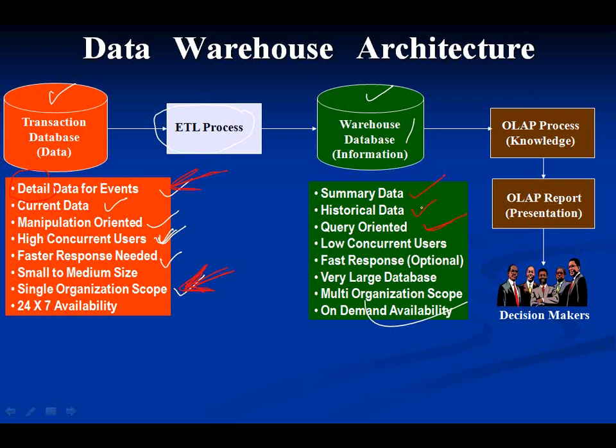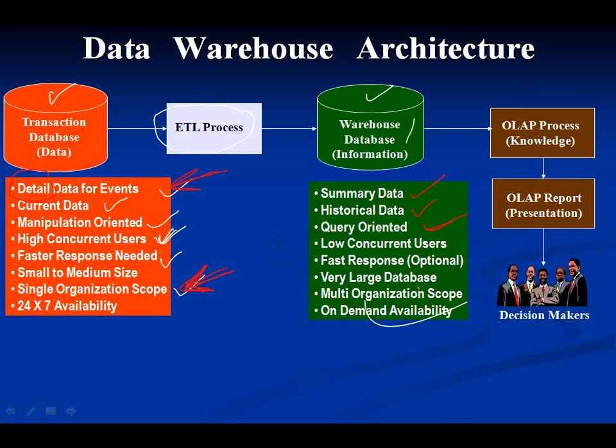The concurrency of users will comparatively be low, because only a few users, only management level, will be using it. Faster response can be optional. And obviously the size of the database is very large.